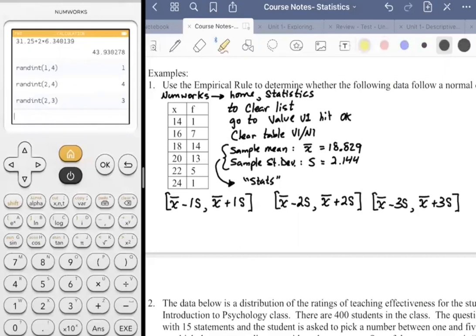I know what X bar is, and I know what S is. So everywhere in these formulas that I have an X bar, I'm going to replace it with 18.829. And everywhere I have an S, I'm going to replace it with a 2.144. You don't actually have to show the substitution.